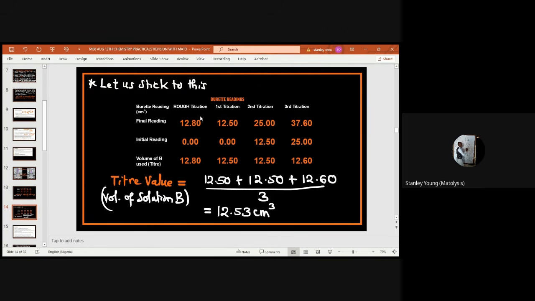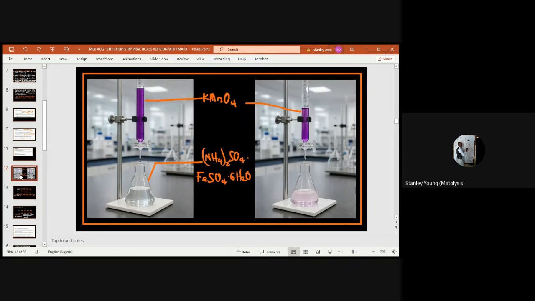Now, what did I do here? The first thing was to have a rough titration. The burette was filled to the brim, like you having something like this. The burette was filled to the 0.0 cm mark. This is a 50 cm³ burette, and it was filled to the 0.0 cm mark.